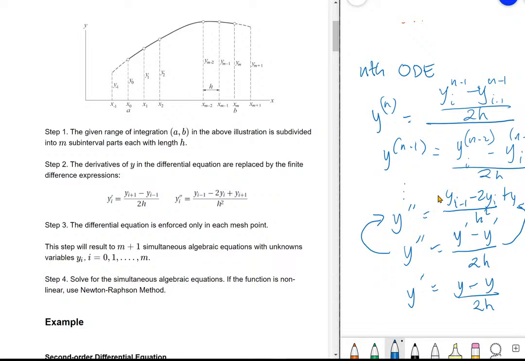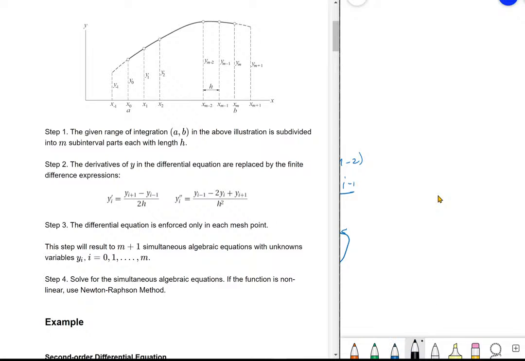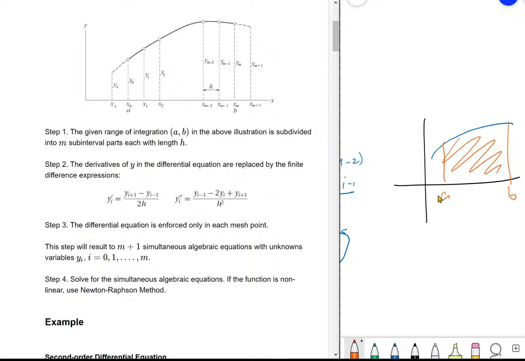But it is the same idea: you have a graph, and you have the curve, and then you have the boundary, say this is A to B. Your system is bounded by this certain curve, so your goal is to get the area between, so you get the integration, for example. We have discussed this one in the previous module.